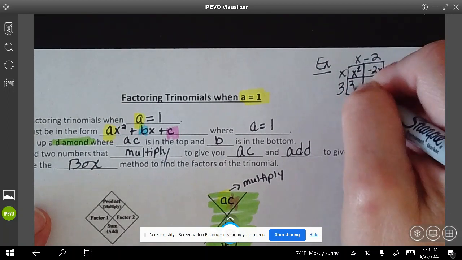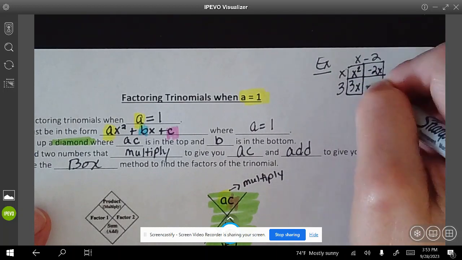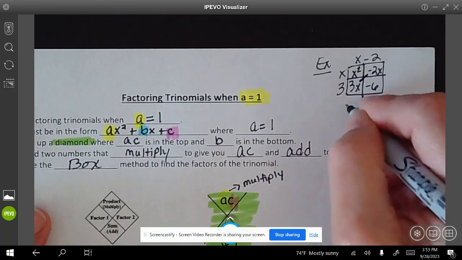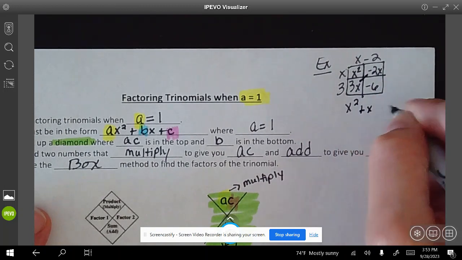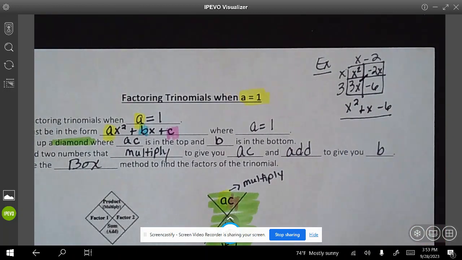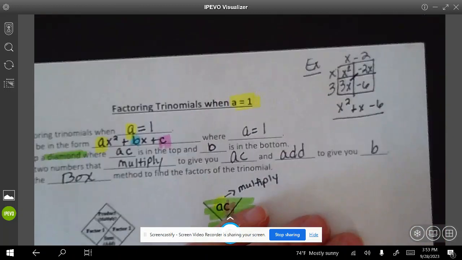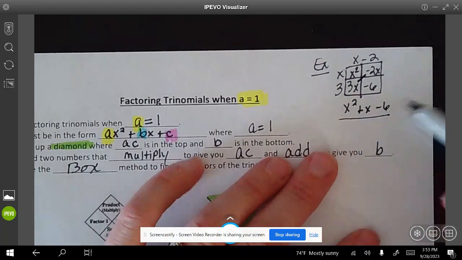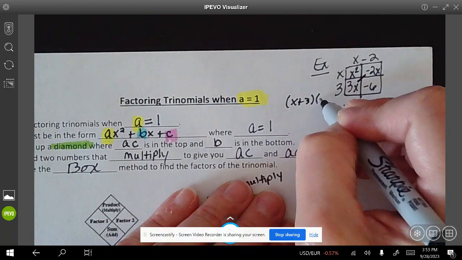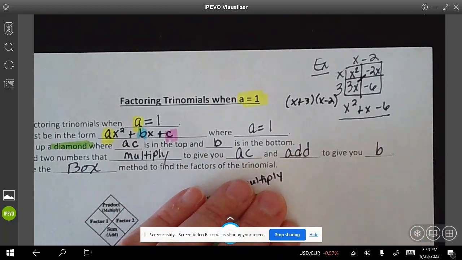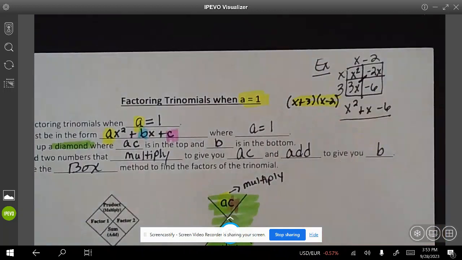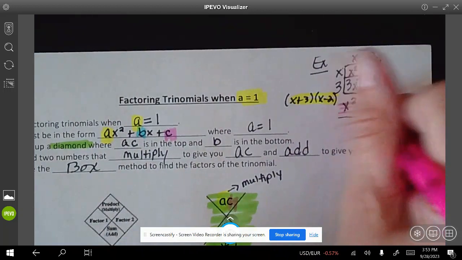X times 3 is 3x. 3 times negative 2 is negative 6. Then we combine the like terms here, so we got x squared plus x minus 6. This is what we came up with when we multiplied x plus 3 times x minus 2. We were doing this last week, okay? So last week, we went from this to this.